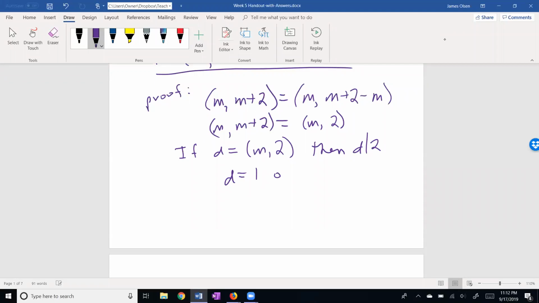There are only 2 divisors of 2, so D has to be 1 or 2. And then we can substitute to make our final conclusion. Either proof is correct, and only one proof is required, but I think it's useful to consider both.